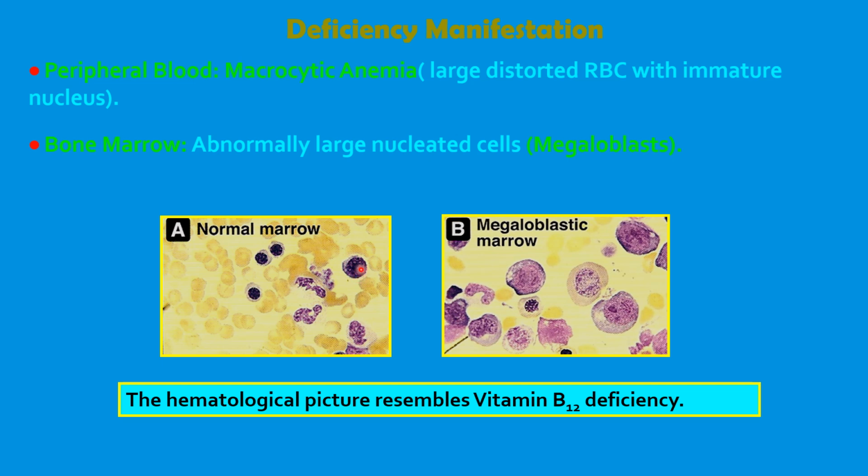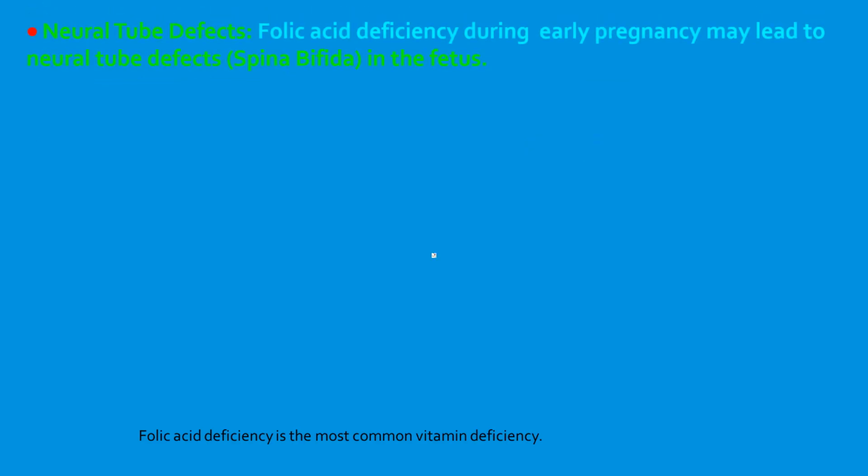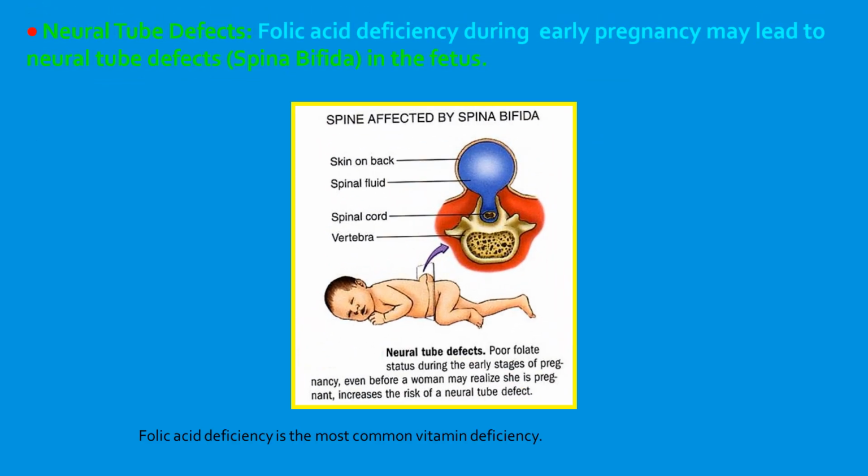We have a few megaloblasts, huge cells, which mature into mature red blood cells. But in megaloblastic marrow, we're going to see huge megaloblasts which have stalled. They are unable to develop into mature red blood cells. So some of these large cells are passed into the blood. So this hematological picture will resemble that of vitamin B12 deficiency.